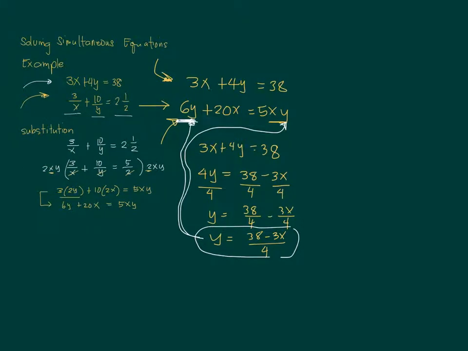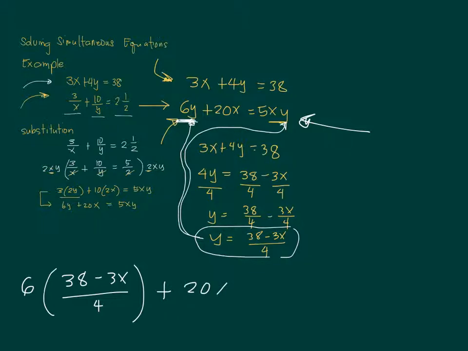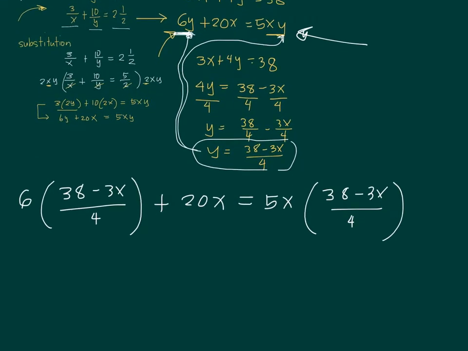Having y equals 38 minus 3x over 4, we can now go to this equation and change all the y by 38 minus 3x over 4. See the transformation? So 20x will remain as 20x, and 5xy will become 5x times 38 minus 3x over 4. Okay, and then just continue simplifying this.